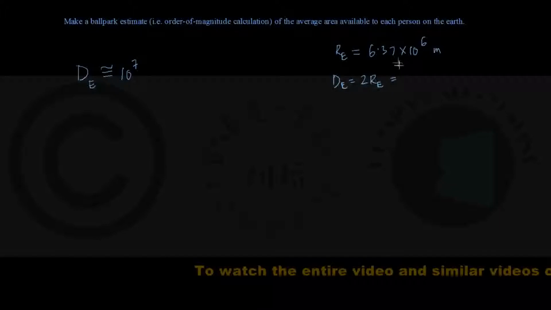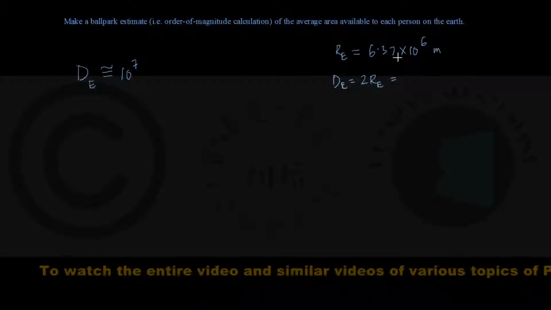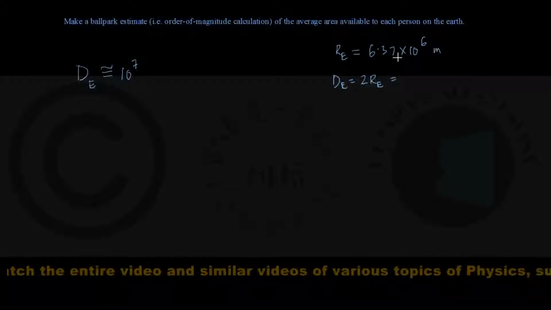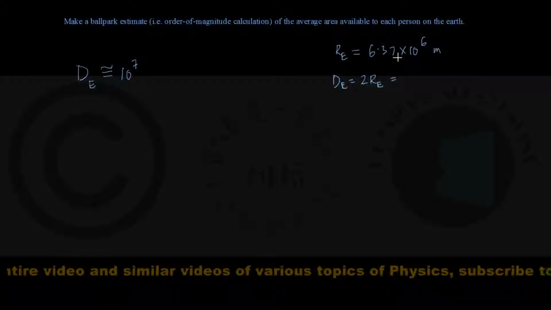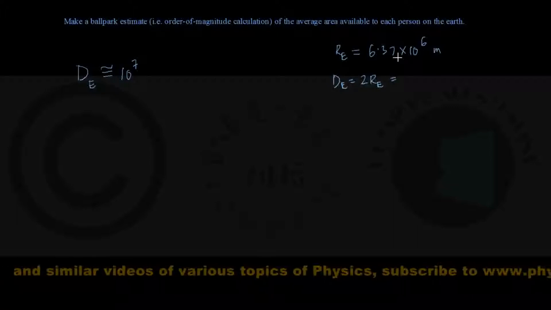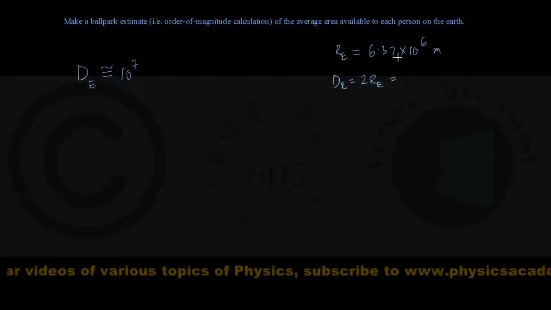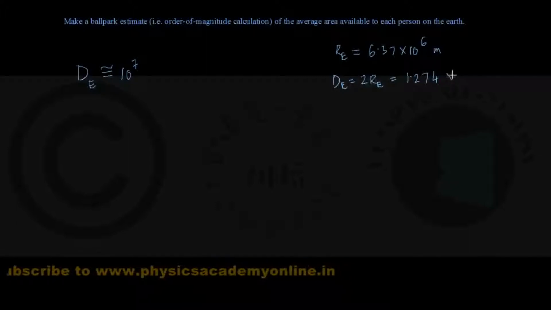So the diameter of the earth is twice the radius. Now how much is that coming out to be? Let's check it. I'm doing this to show the difference between actual calculation and order of magnitude calculation. I multiply and find this is coming out to be 1.274 into 10 to the power 7 meter.